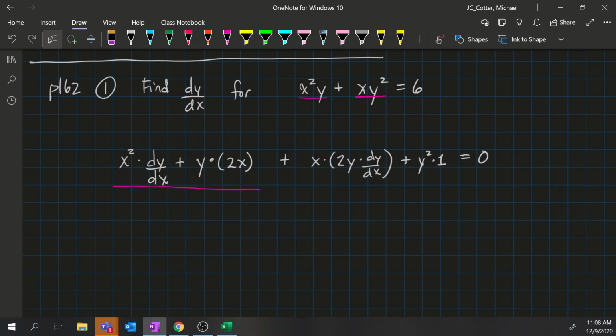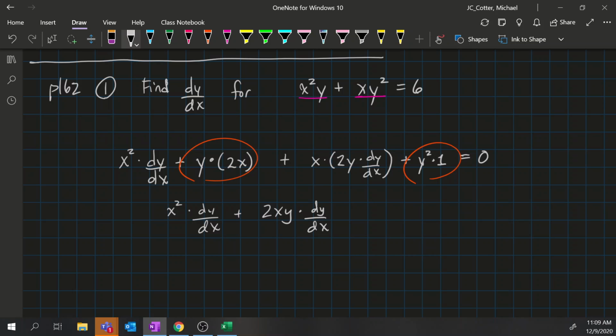Now, the rest of this is solving for dy dx, okay? And what you need to do to solve this for dy dx is to group the terms involving dy dx together on one side. So I'm going to subtract this thing and this thing to the other side of the equation. Negative y squared minus 2xy.